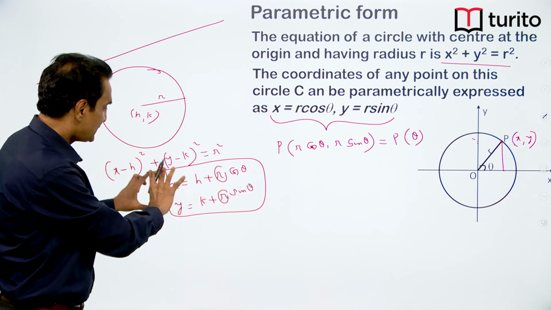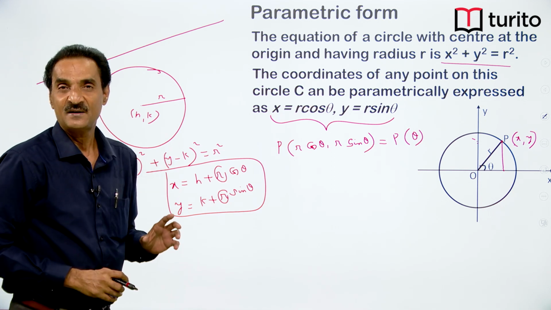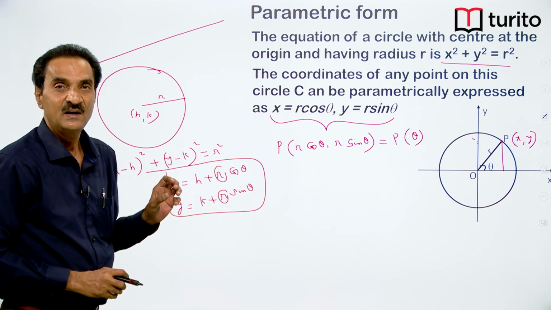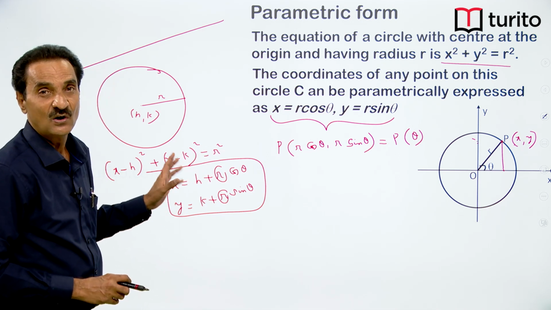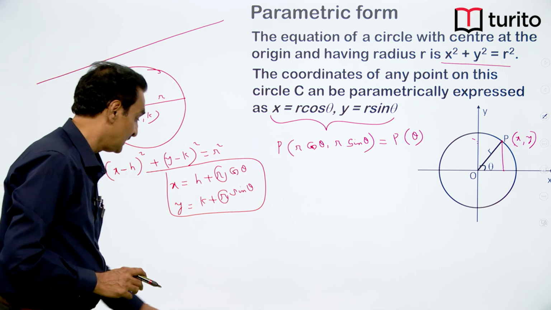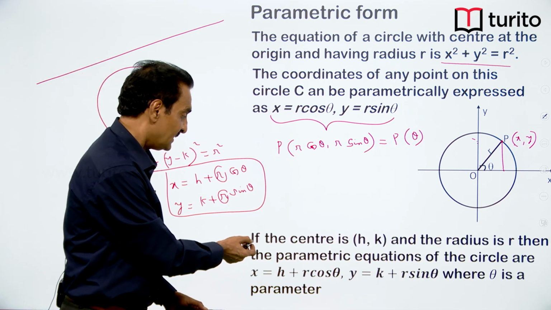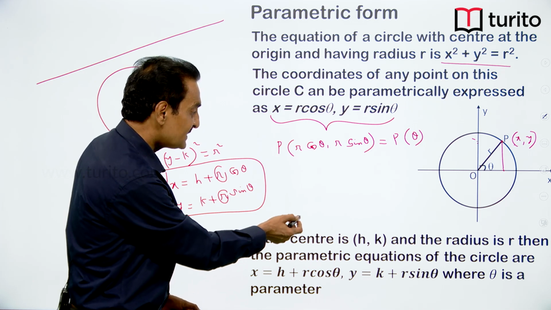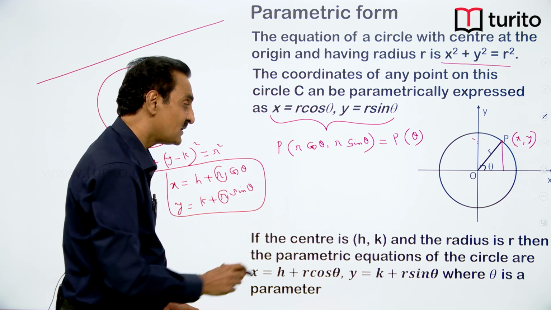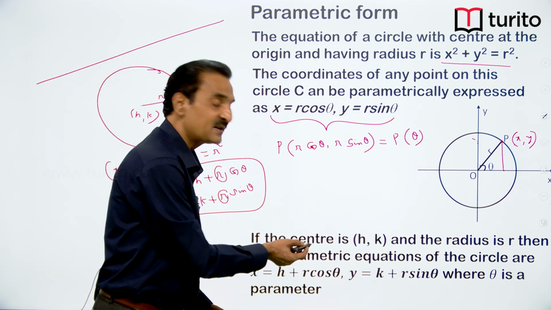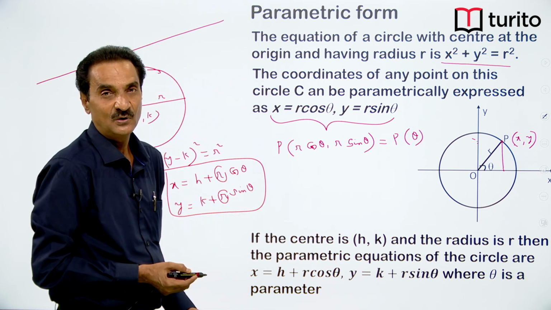That means the same equations represent a straight line when r is a parameter, remaining are constants, and it represents a circle when theta is a parameter and r is constant. Okay. So the same thing, if the center of the circle is h comma k and radius is r, then the parametric equations of the circle are x is equal to h plus r cos theta, y is equal to k plus r sin theta. Okay.